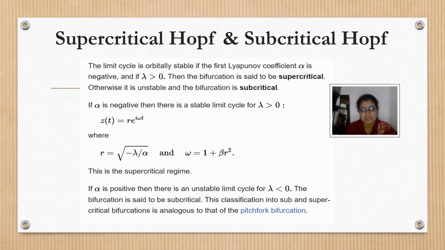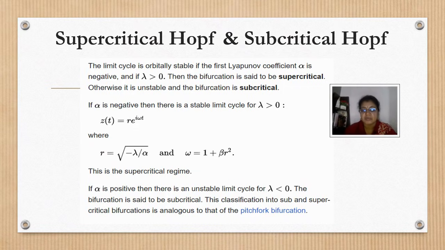So the same thing is explained here. The limit cycle is stable if the first Lyapunov coefficient is negative. As I told you, we will have two cases. If alpha is less than 0, that is the Lyapunov coefficient, then in the denominator we had less than 0.